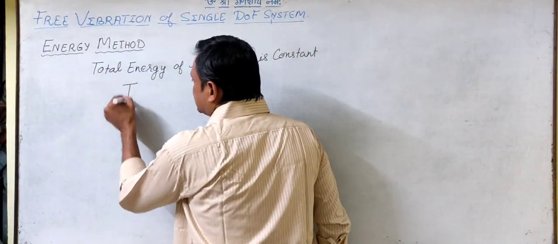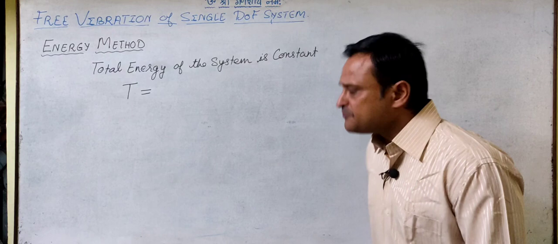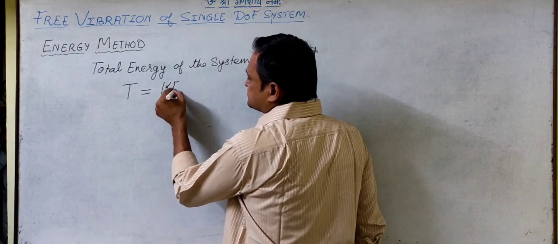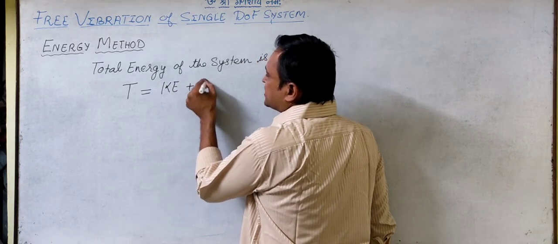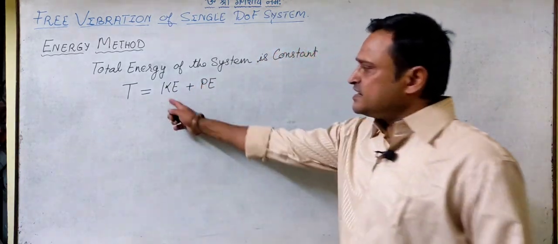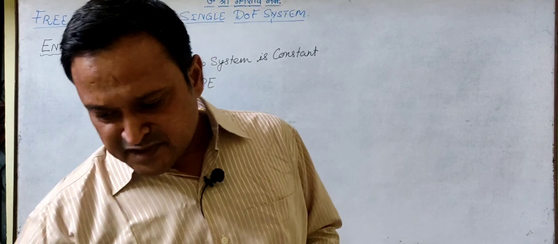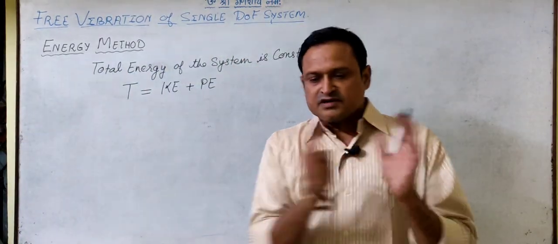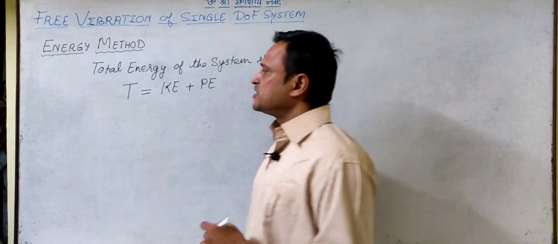So this total energy of the system will be the kinetic energy and the potential energy. Now the kinetic energy is due to the motion of the body, the displacement of the body.